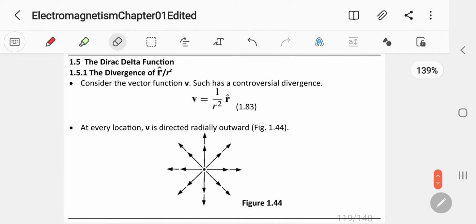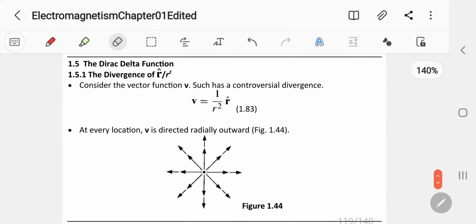Okay, let's proceed with the Dirac delta function. The Dirac delta function is also very useful in looking for solutions of problems in electrodynamics, because it will simplify things. So for example, if you have a function of this form, it is geometrically represented by this.